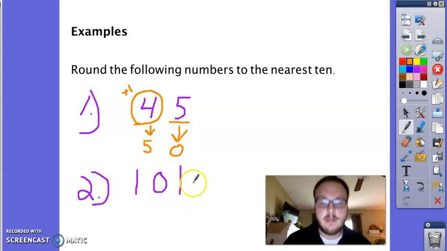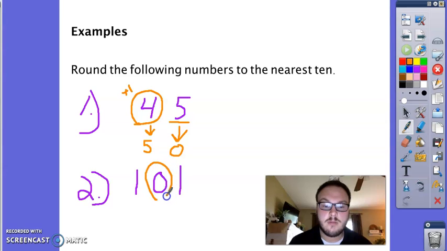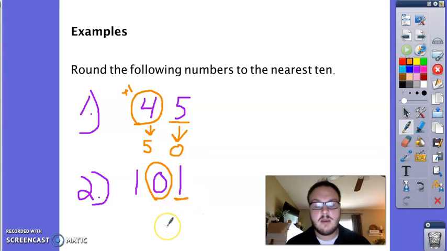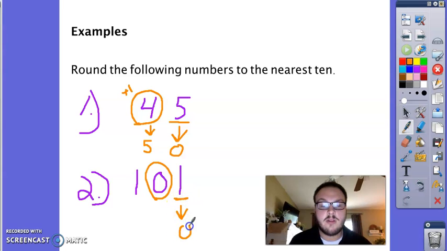Let's try a 3-digit number here. We're still rounding to the nearest 10, so we need to circle the number in the tens place and underline the number to the right of it. Now I ask myself, is the number next to the tens place five or more, or is it four or less? Well, I know the number 1 is four or less. So again, whatever I underline is going to become a 0.